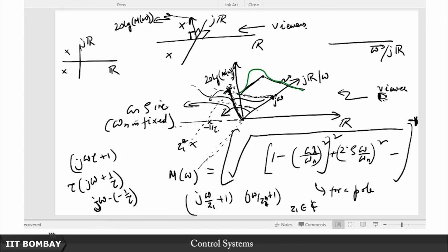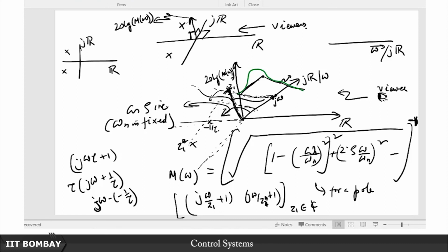If at a particular frequency you are evaluating this second order factor, all that you are doing is measuring off the distance of the point j omega, which is this, from minus z1 and from minus z1 conjugate. As I explained earlier, as you increase the damping, this rotates further and comes closer to the real axis, under the assumption that the length of the segment does not decrease, that is omega n remains fixed. So it only rotates and comes further from the imaginary axis, and therefore the distance increases.